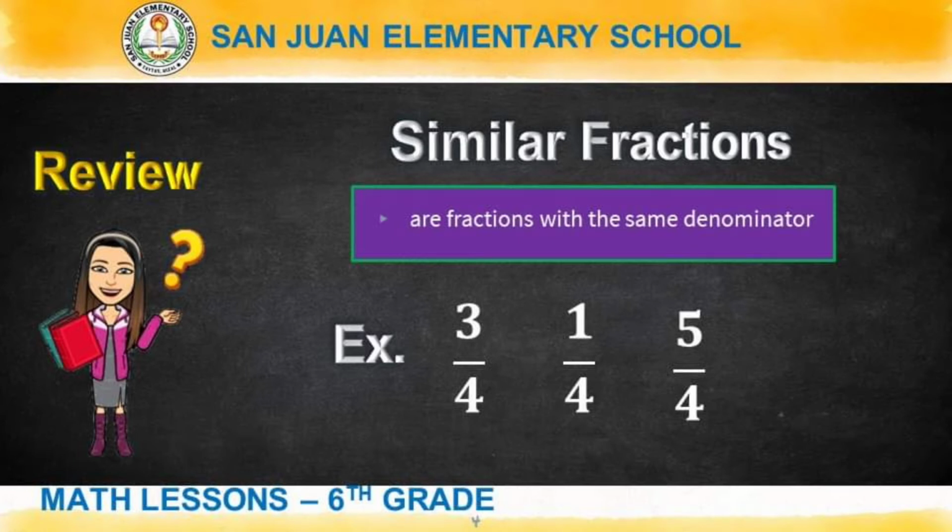Review. Similar fractions are fractions with the same denominator. Example, 3/4, 1/4, and 5/4. Lahat sila ay pare-pareho ng denominator which is 4. Another example, we have 2/6, 5/6, and 4/6.